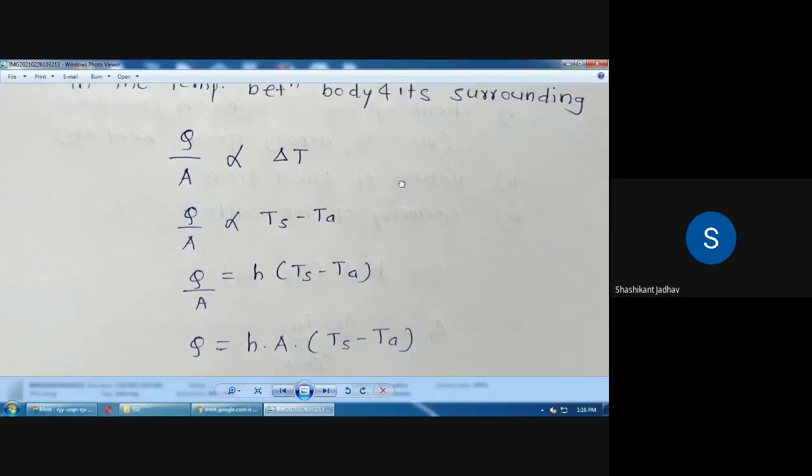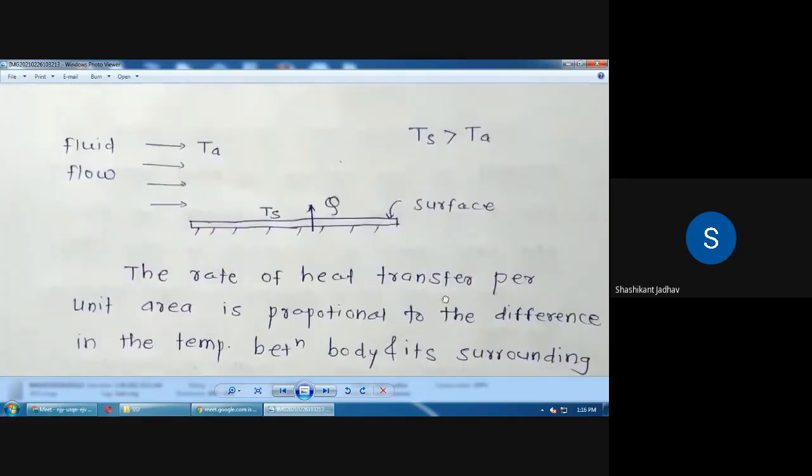Okay. So write down, first of all draw this diagram. This is a surface plate having temperature Ts. Heat transfer takes place only in the upward direction, because in the downward direction we have given the dotted line, which is an insulation.